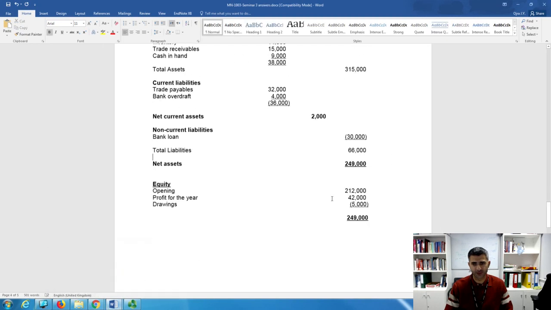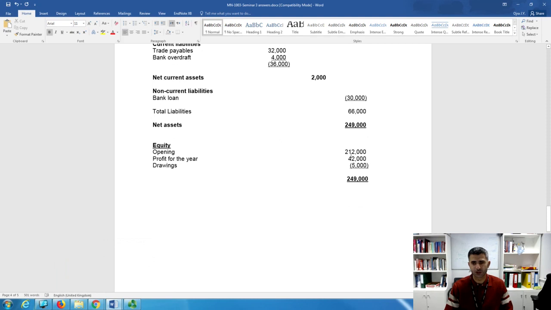Look, 212 plus 42, the profit for the year, and you minus the drawings, the 5,000. So net assets equal total equity, that means our solution is right, isn't it? 249. What does that mean? This means the accounting equation is balanced.